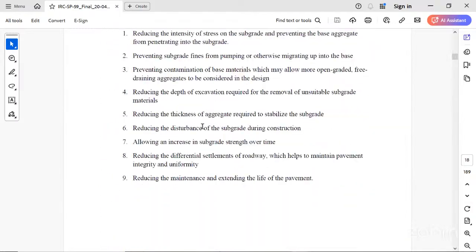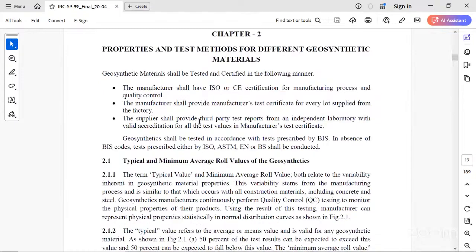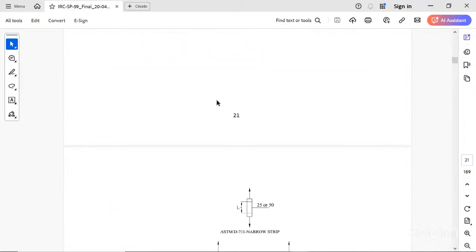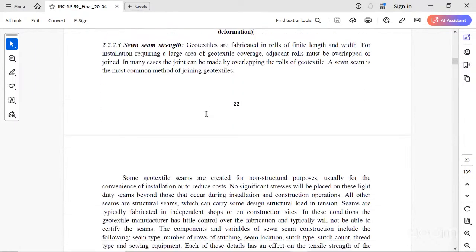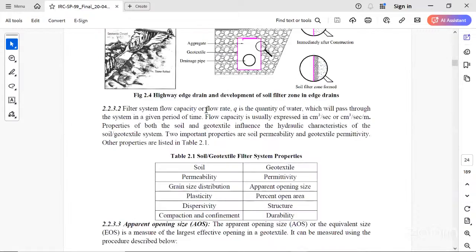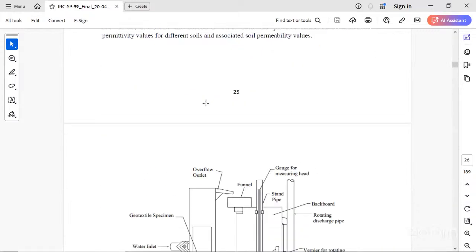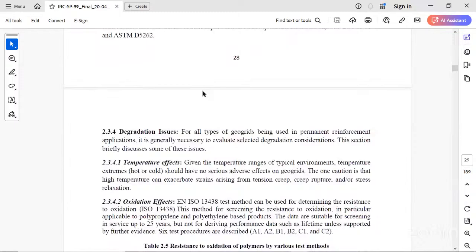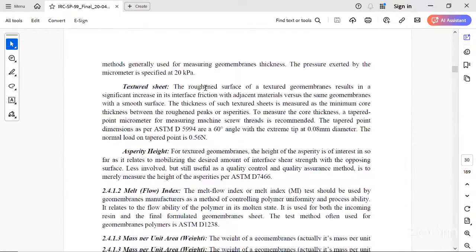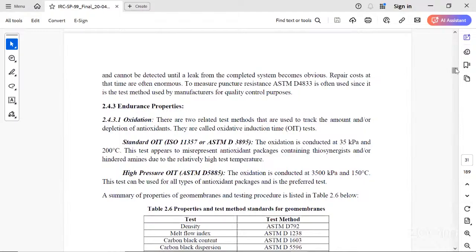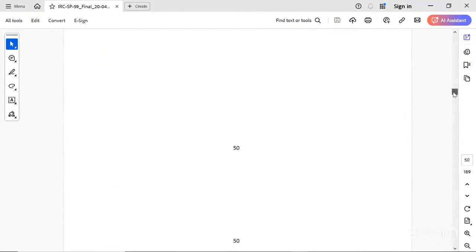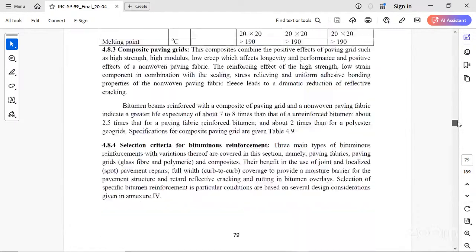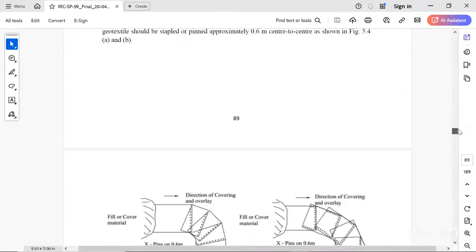I don't think SP 59 has a chapter on construction of embankments. Let me check.